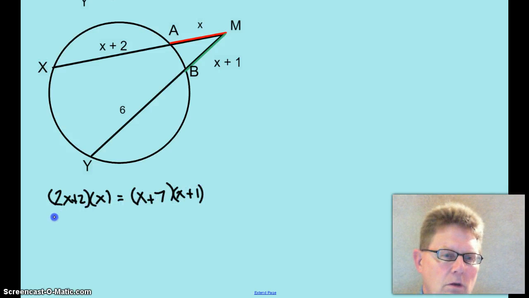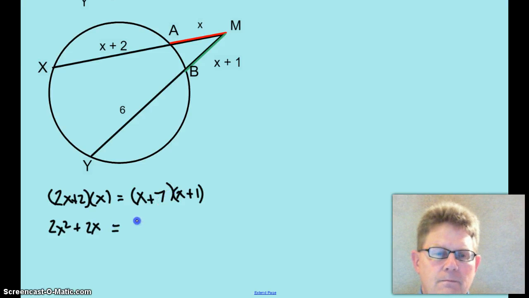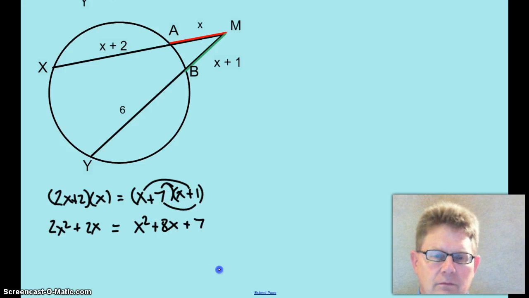So 2x squared plus 2x equals x squared, plus 7x and one more x is 8x, and then 7 times 1 is 7.